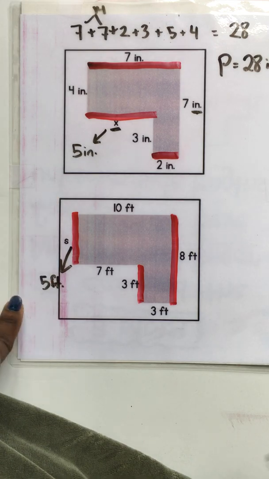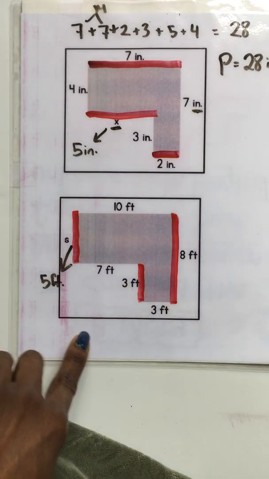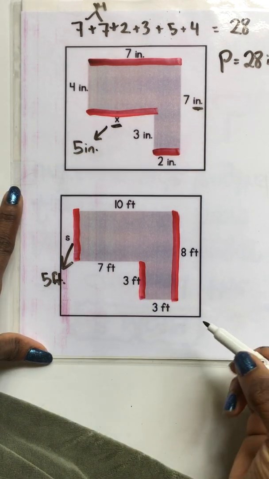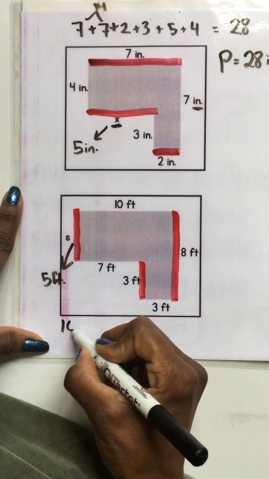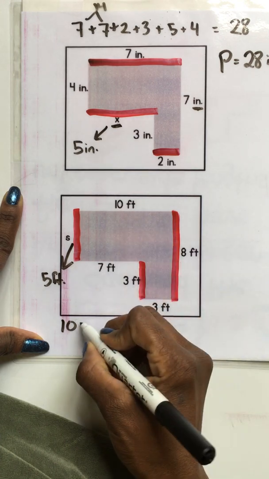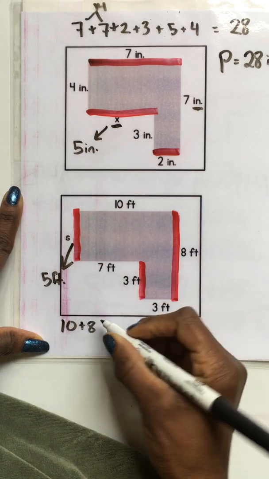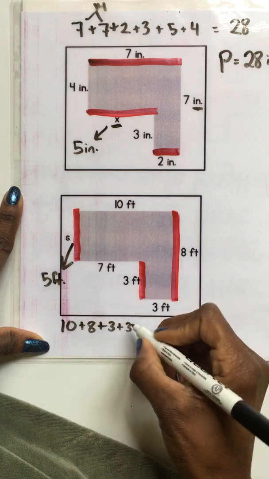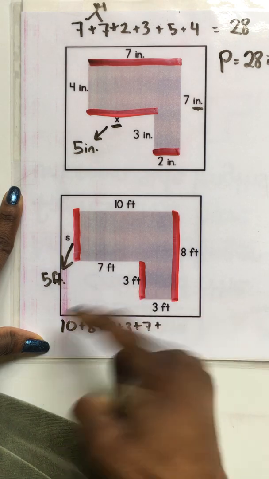Okay? Now that I have all my measurements, I can go ahead and add them all together to find the total perimeter of my figure. 10 plus 8 plus 3 plus 3 plus 7 plus 5.